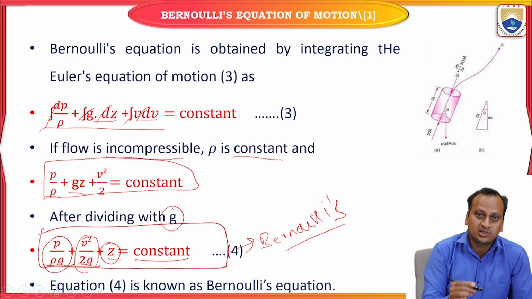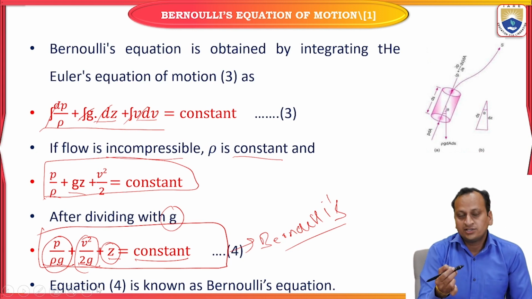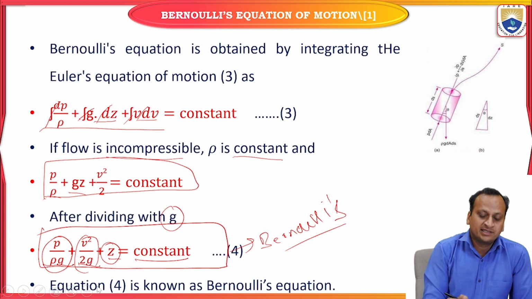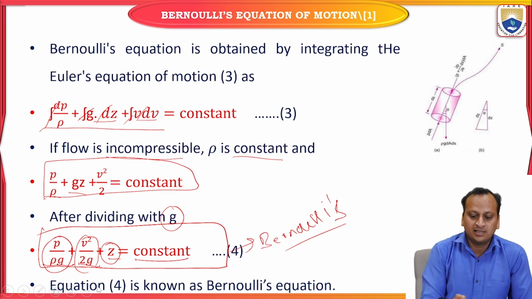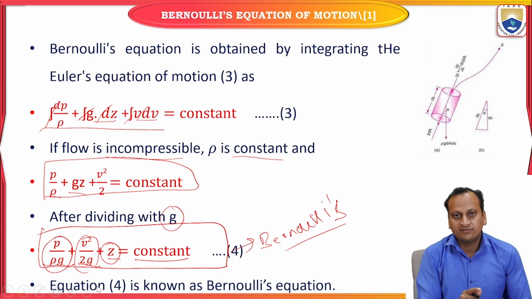The sum of these three energies, the total energy, is what the Bernoulli statement is about: the total energy remains constant at any point of a flowing fluid for the assumptions taken into consideration. If the assumptions are not followed, then the total energy may not be the same between any given two points.